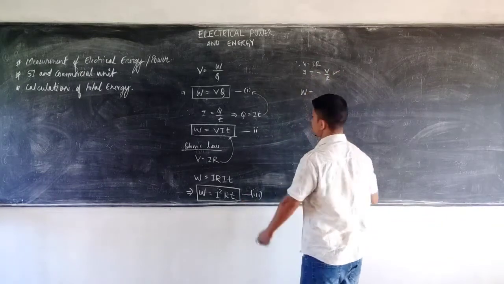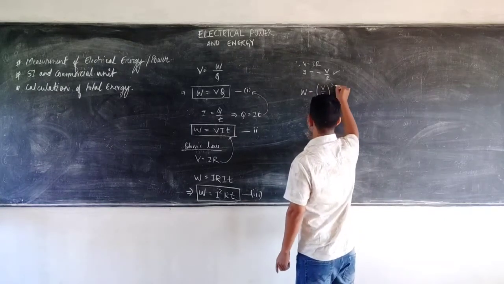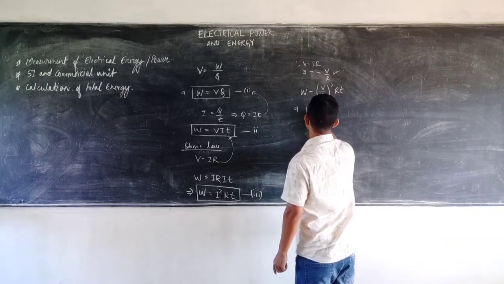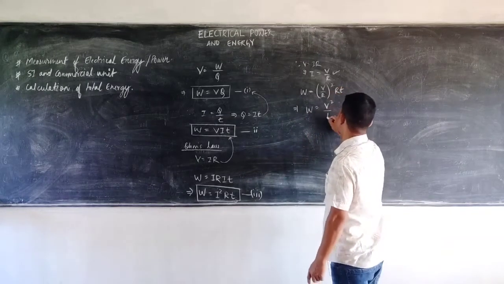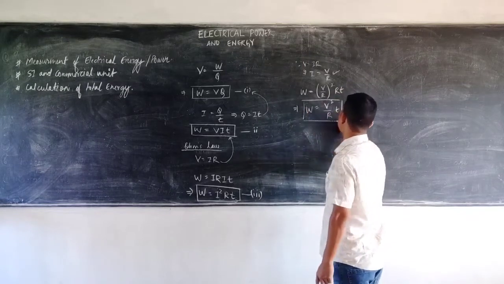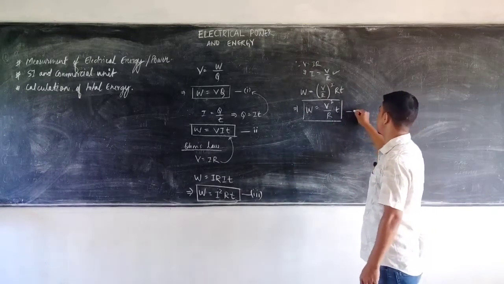W equals, now instead of I I will write V divided by R, square, into R into T. So this will give me W equals V square, now this square and R get cancelled, so it will be R into T. So this is the fourth expression to calculate the work done by the electrical energy.